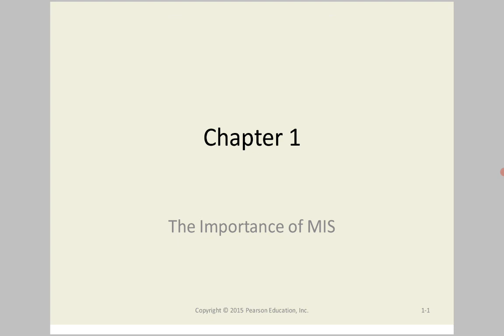Generally every organization has a large amount of data or information. They collect large amounts of data or information to take appropriate decisions.